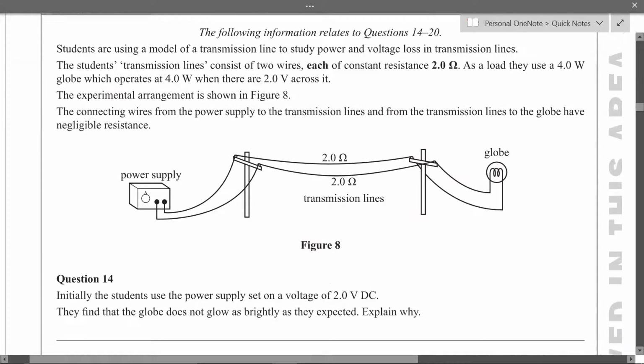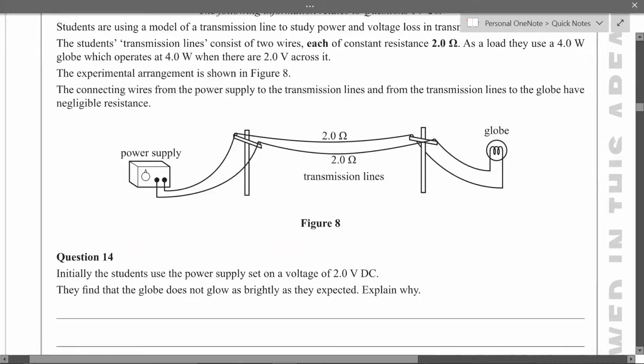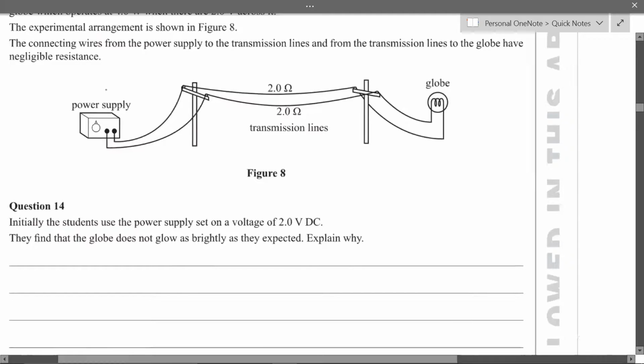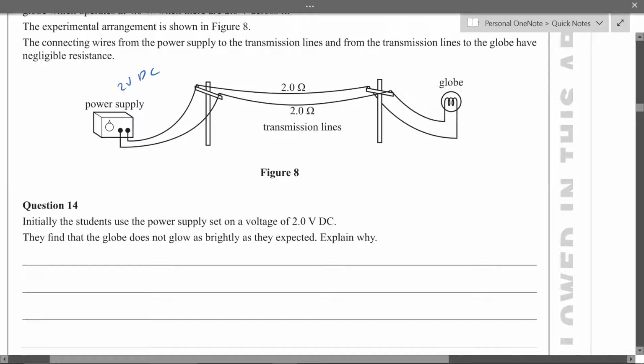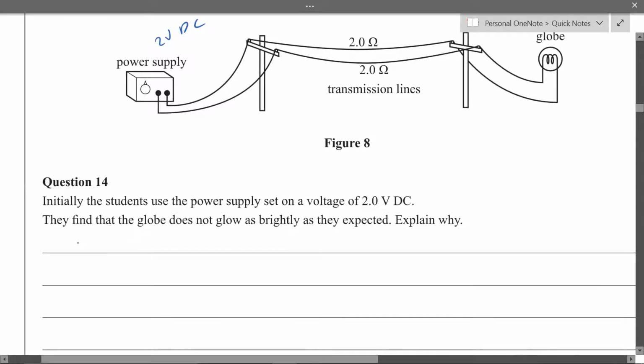So there are transmission lines to the globe, with negligible resistance. Initially the power supply is 2 volts DC, and they find that the light does not glow as brightly as they thought. That's because of the transmission lines.